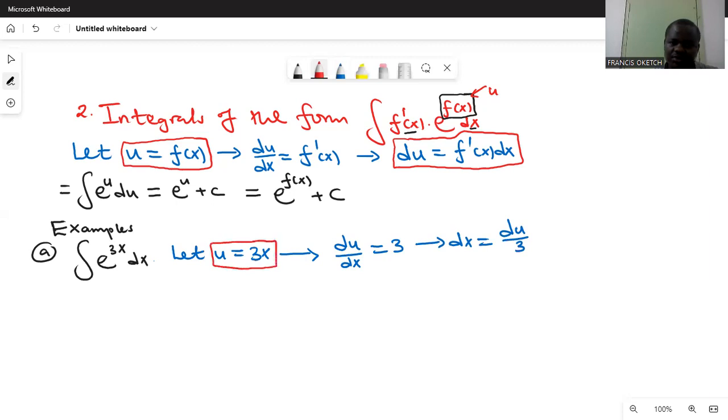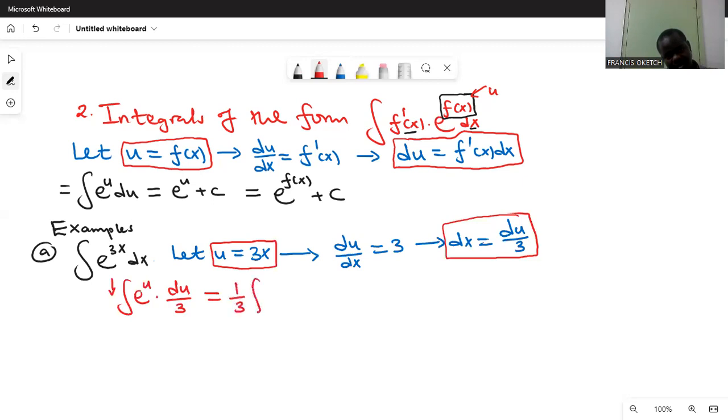We substitute u and we also substitute dx. So what will our integral become? It will now be the integral of exponential u, and instead of dx it is du divided by 3, which you can write as 1 over 3 times the integral of exponential u du.